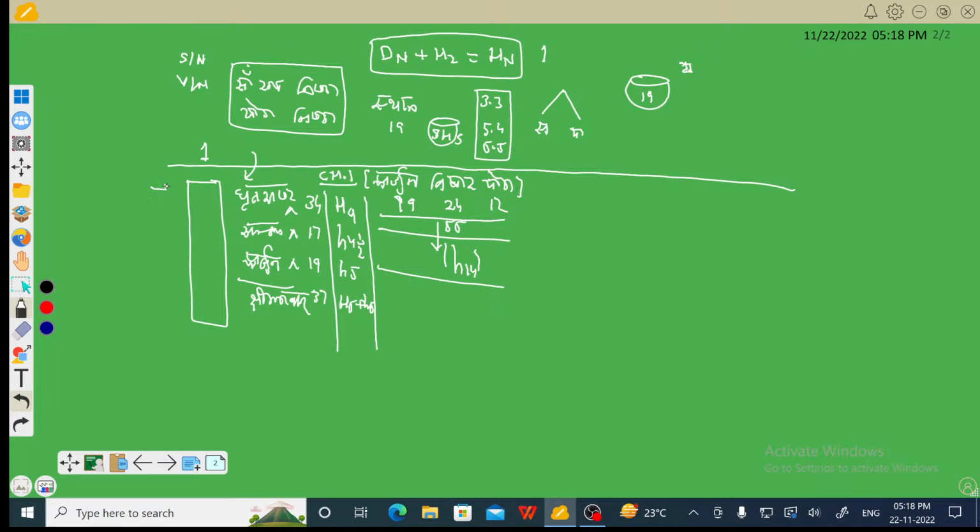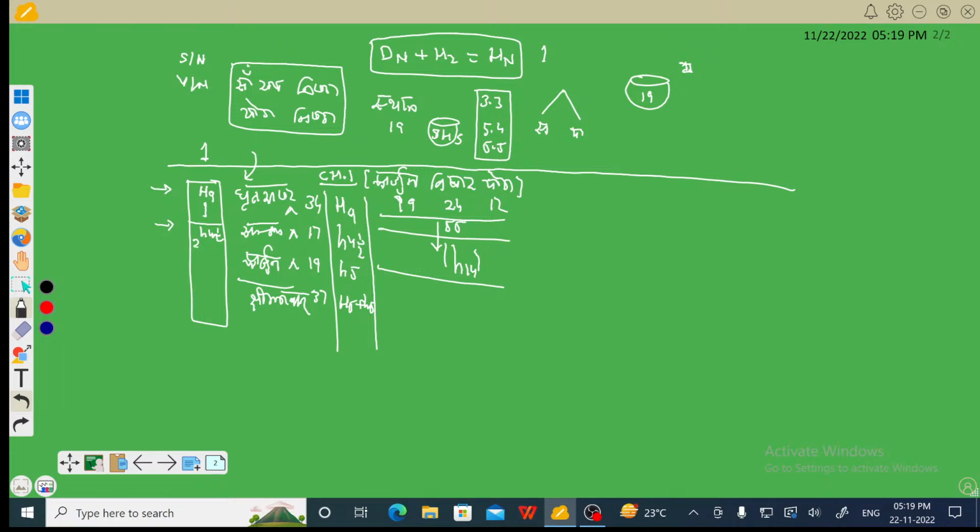First Uvacha is Dhritarashtra, it is H9, and he has uttered only one, that is the first shloka. Then there is the participation of Sanjay, and it is H4 and half.